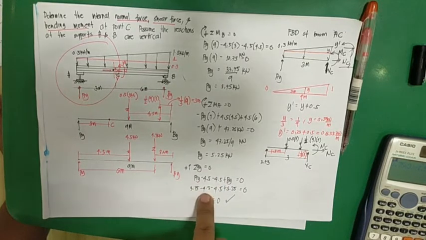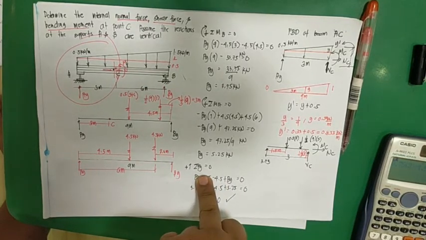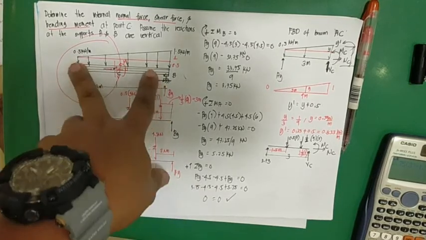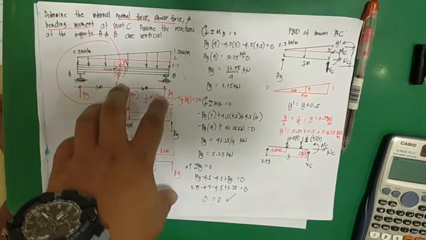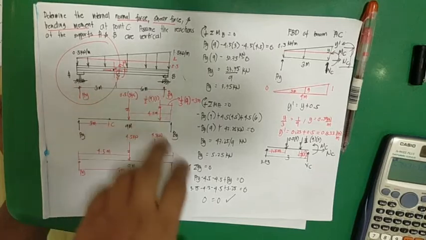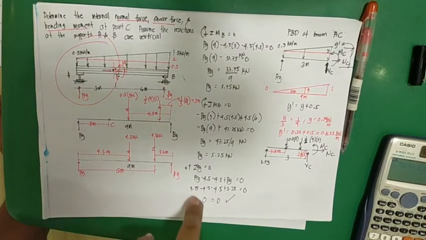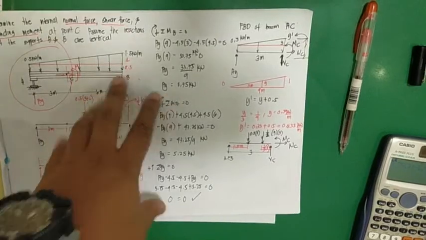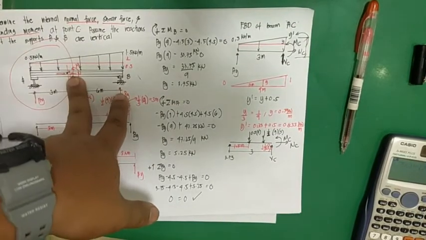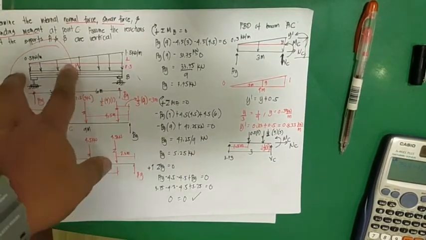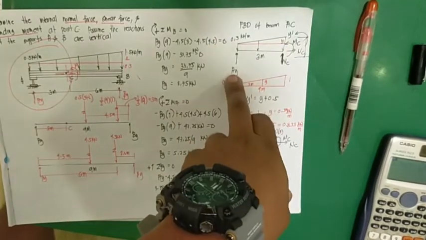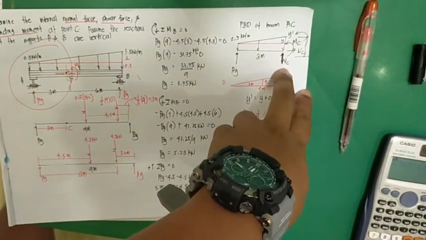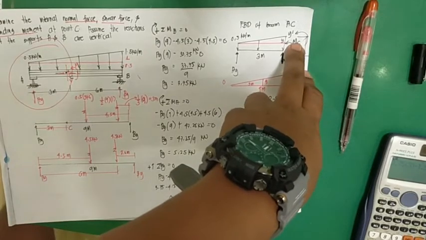To check that, you can take the summation of forces along Y. Since the structure represents an equilibrium condition, the summation of forces along Y should be 0. Now, to determine the unknowns at point C, you can isolate this part. Move here. You have your AY, 3 meters, then shear at C, normal at C, and moment at C.